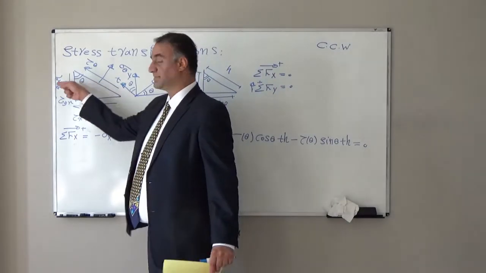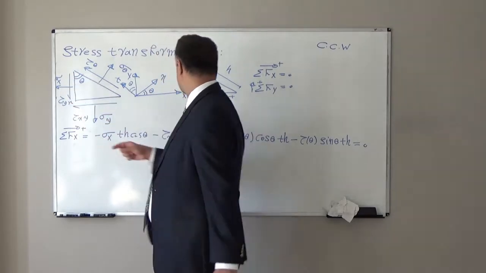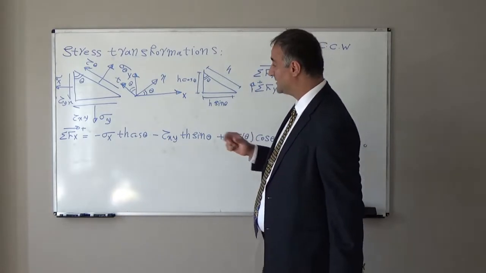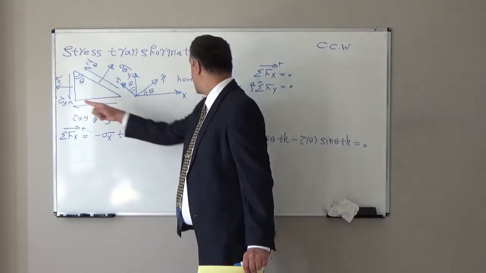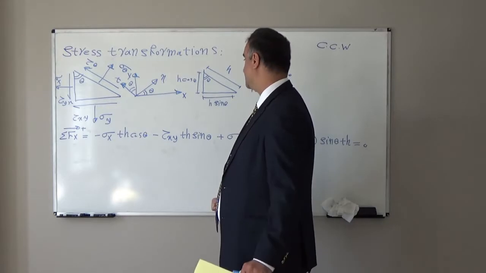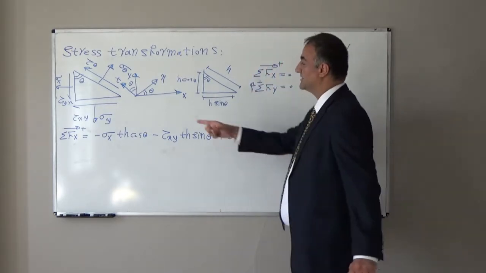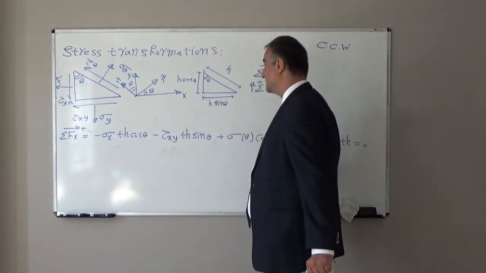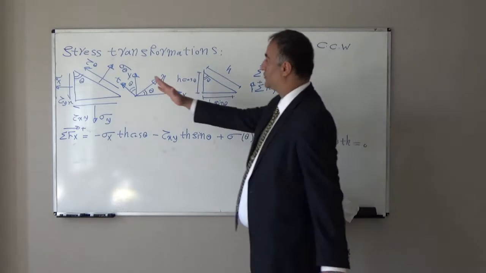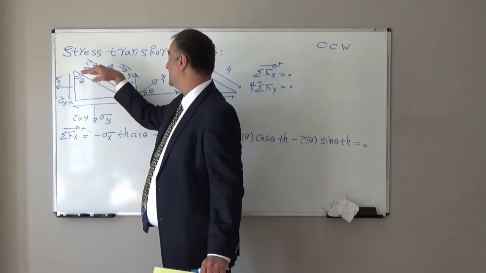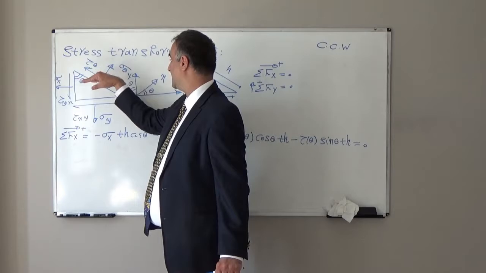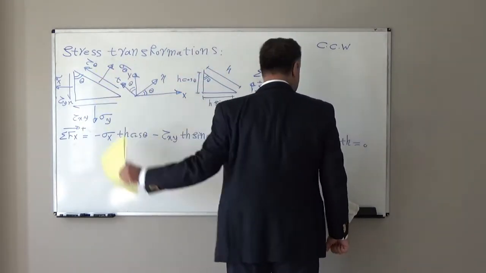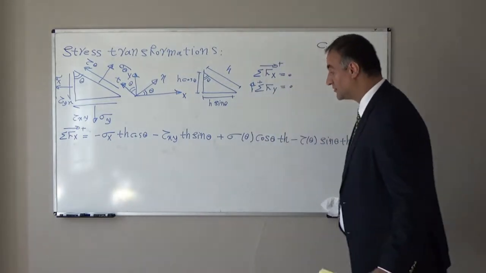In the x direction, sigma x is negative: sigma x times h cosine theta times T, minus tau xy times h sine theta times T, sigma y times h times T cosine theta, minus, if we project this tau theta, it will be directed from right to left, it will be negative direction. Tau theta times h times T times sine theta is equal to 0.